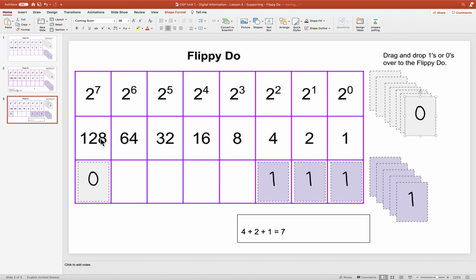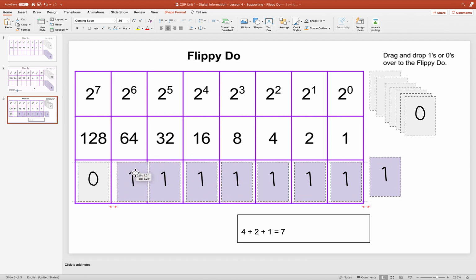We know that 127 is less than 128, so by default every single one of these would need to be 1. We can test it out. Let's add 1 into all of these, and then we'll be doing 64 plus 32 plus 16 plus 8 plus 4 plus 2 plus 1. I am not going to do the math on that, but I know that equals 127.